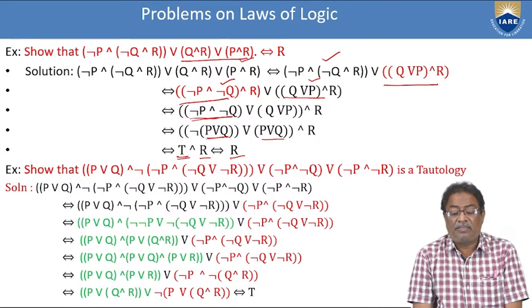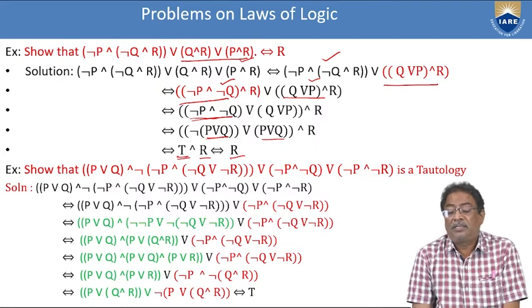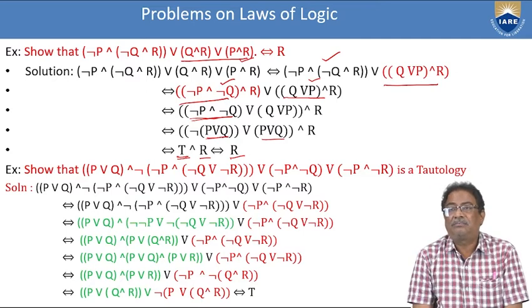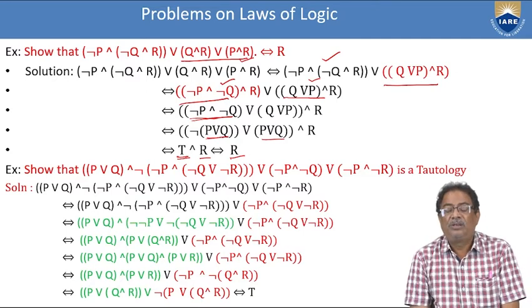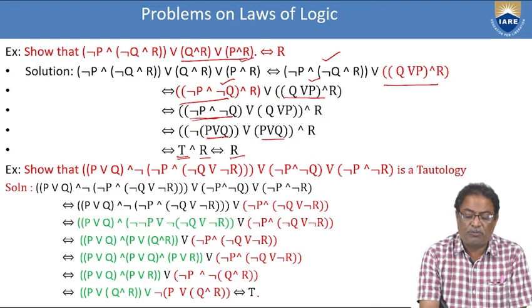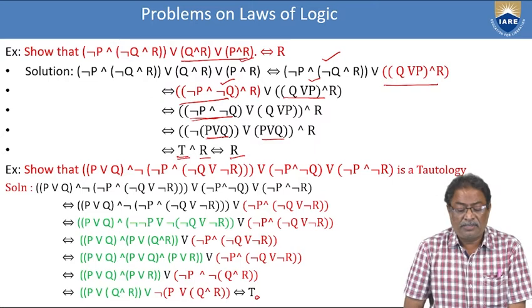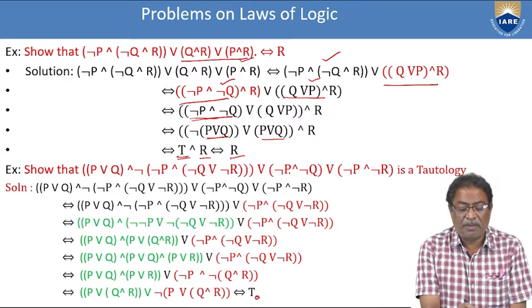Next, another example: show that the given compound proposition is a tautology. Tautology means we have to prove that it is a T naught, that is, true. So for that we have to prove like this. Now let us take the first one and write it the same as it is.